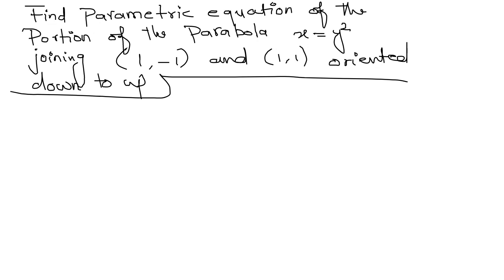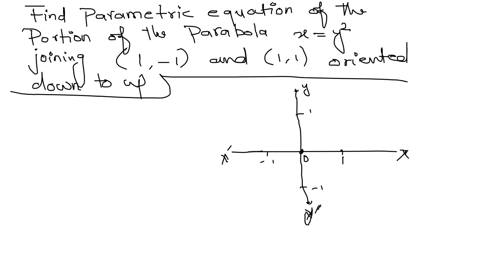How do we find the parametric equations? First you have to draw the graph. It may be easy or maybe difficult. This is x and this is y, with x prime and y prime, and this is 0. This is 1, this is minus 1.